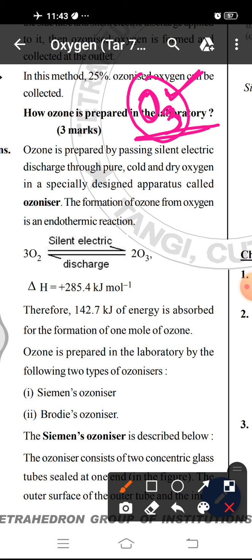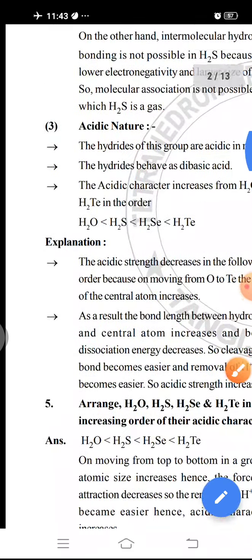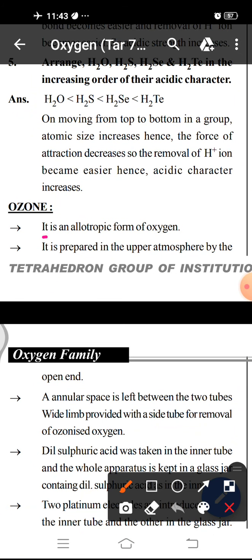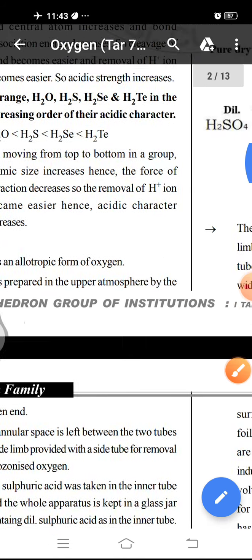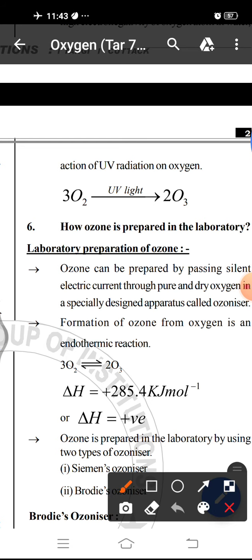Ozone is prepared in the upper atmosphere. It is prepared by the action of UV light on oxygen.